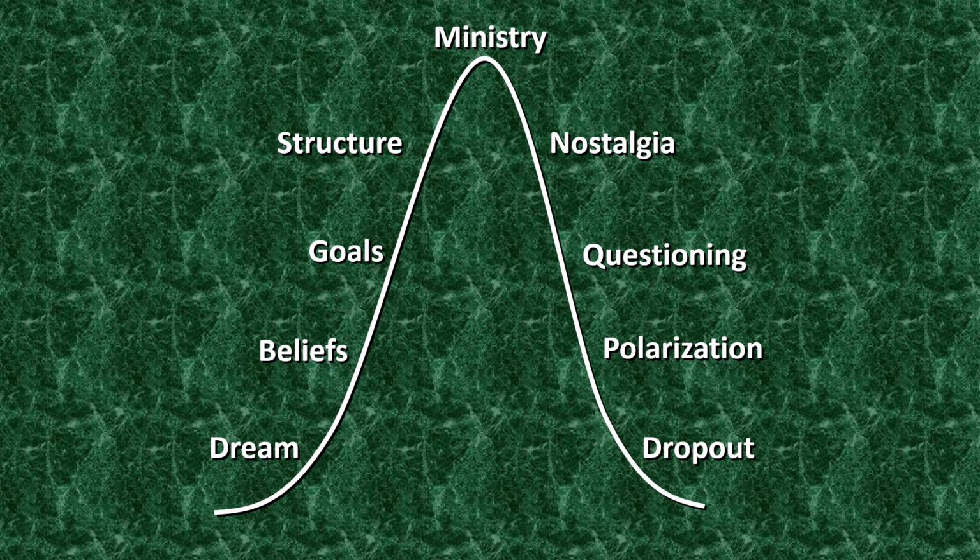Before you see the same graph that we looked at on the previous slide, I'm going to add 3 suggestions for staying away from the right side of nostalgia, questioning, polarization, and dropout. I will be adding diagnosis, cure, and prevention to this illustration to help us see how to redevelop forward.